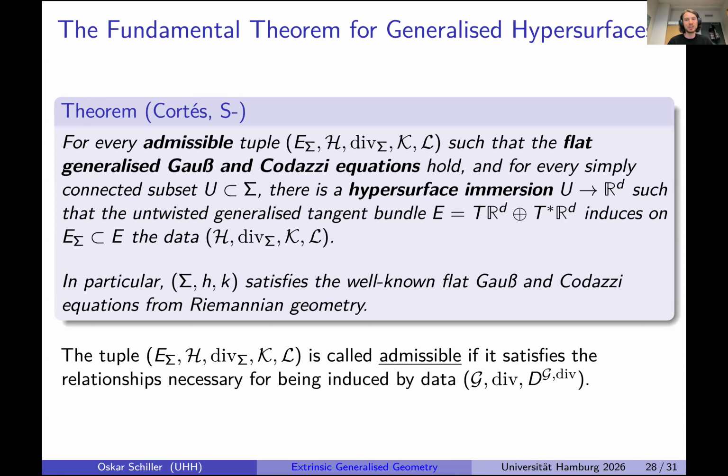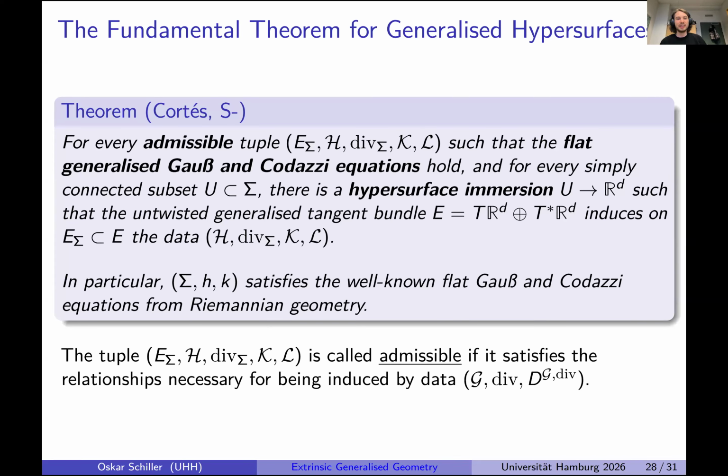So you, again, get a hypersurface immersion, which actually satisfies the same uniqueness properties as the hypersurface immersion of the ordinary theorem. Then you can realize the data as this hypersurface immersion into the untwisted generalized tangent bundle over flat space.